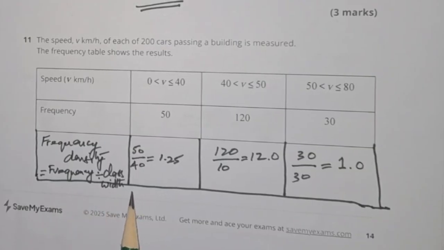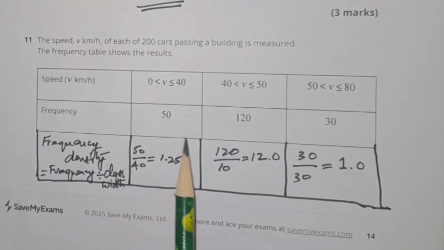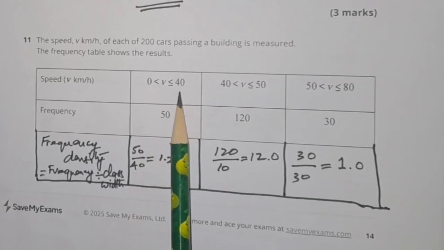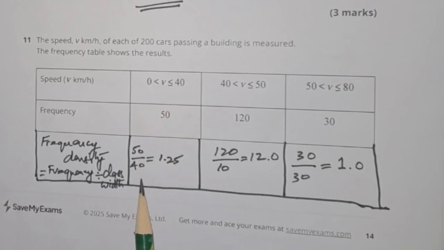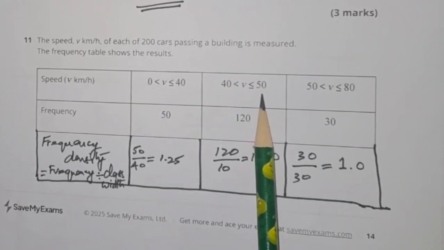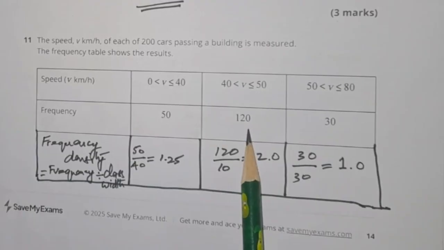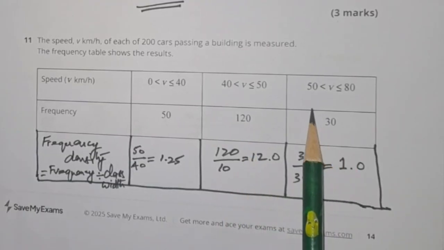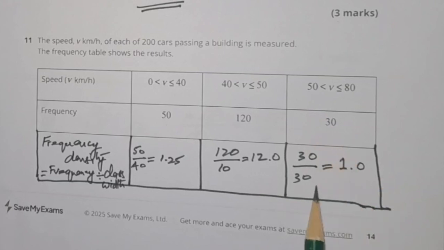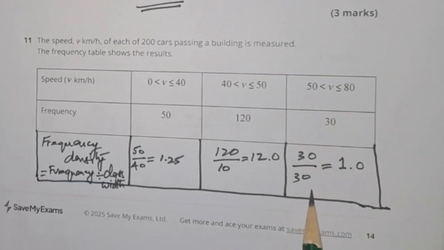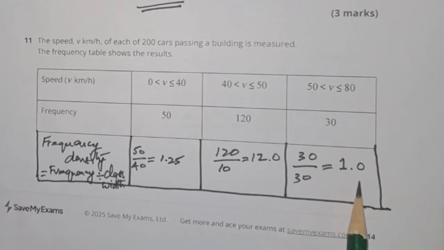So I calculate frequency density: 50 divided by 40, because class width is 40 minus 0 is 40, works out to be 1.25. Similarly here class width is 10, 50 minus 40, so 120 divided by 10 is 12.0, and 30 divided by 30, because 80 minus 50 is 30, is the class width, so we get 1.0.